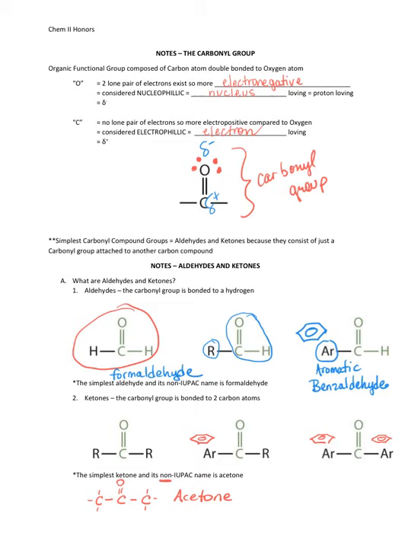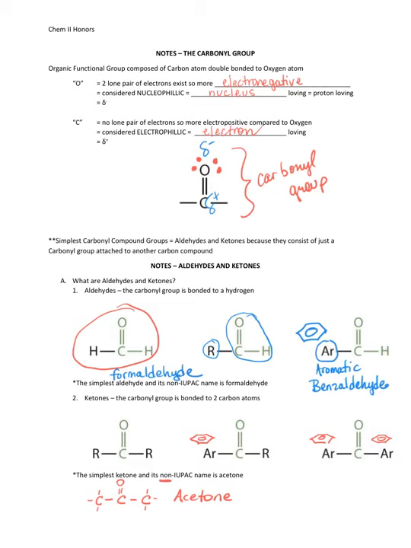The stem names are derived from the parent alkanes, so you're going to follow those same beginning names like meth, eth, prop, but, etc. Defined by the longest continuous chain, but the chain has to contain the functional group. For an aldehyde, you're going to drop the E and add AL. For a ketone, you're going to drop the E and you're going to add ONE.